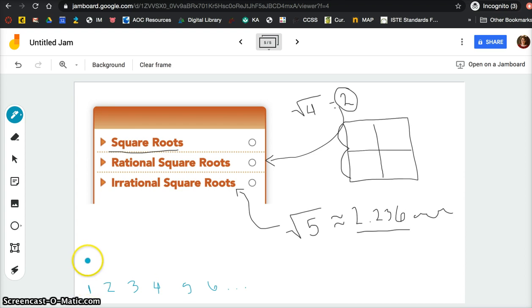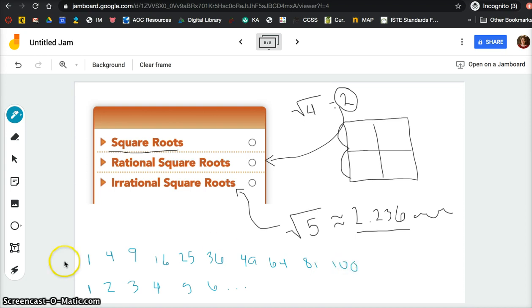So 1 squared is 1, meaning 1 times 1 is 1. 2 times 2 is 4. 3 times 3, 9. 4 times 4, 16. 5 times 5, 25. 6 times 6, 36. And so on and so forth. There'd be 49, 64, 81, and 100. These are all examples of perfect squares.